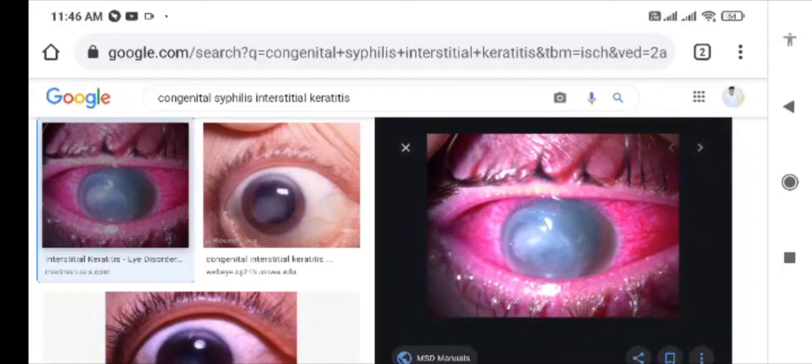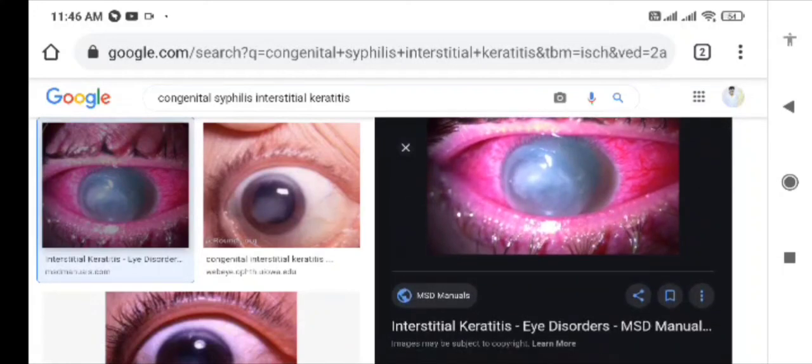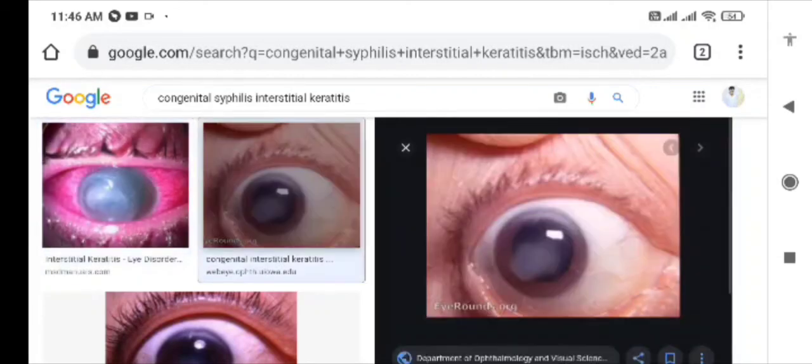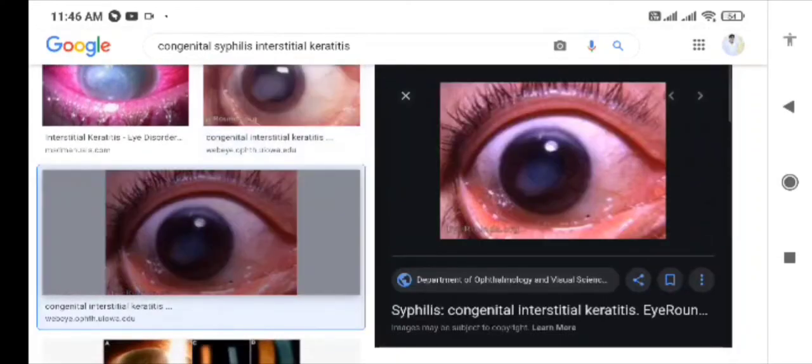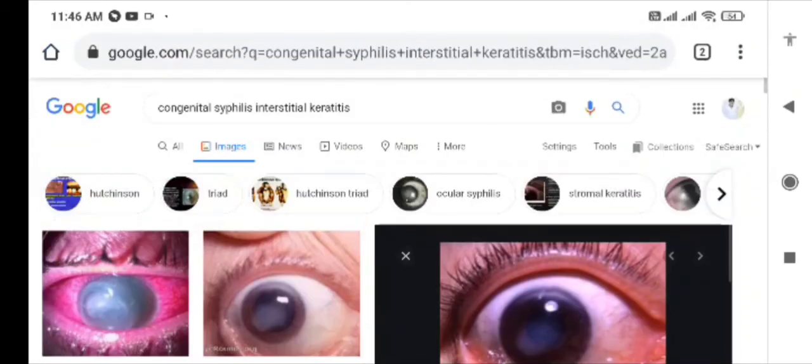This is interstitial keratitis that is also found in congenital syphilis. Look at this. This is interstitial keratitis. Look at this. This is also interstitial keratitis. So this can be found in congenital syphilis. So these are the clinical symptoms which I showed you, which is very important.